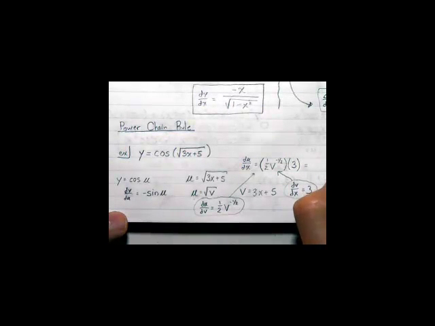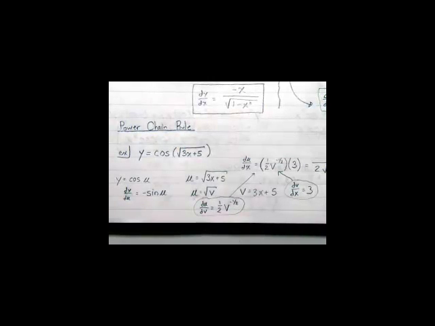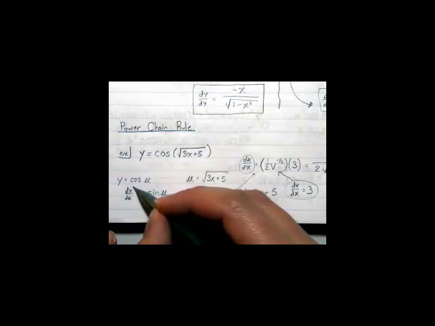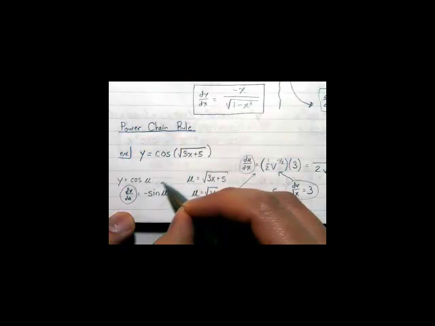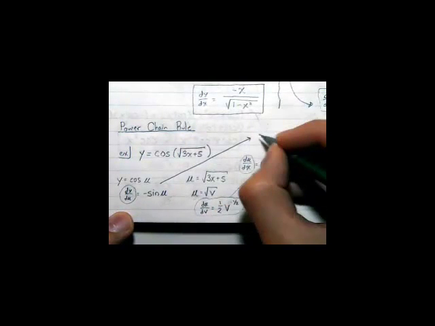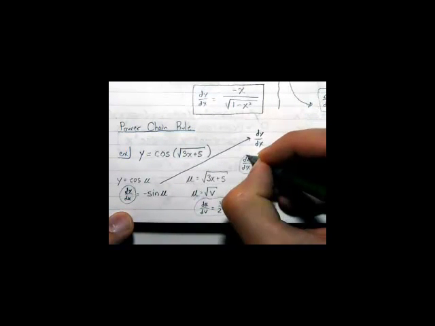Okay, so the 3 can come up top, and then we've got 2 square root of v, but v is 3x plus 5. Okay, so my du dx ends up being that, 3 over 2 square root of 3x plus 5. And remember, my du dx needs to be multiplied by the dy du. Right, so those two need to come together to do my dy dx.